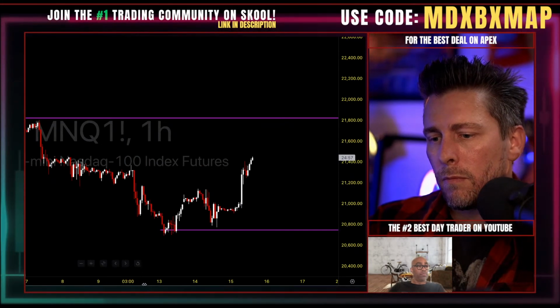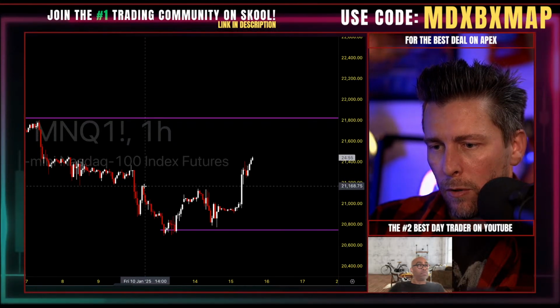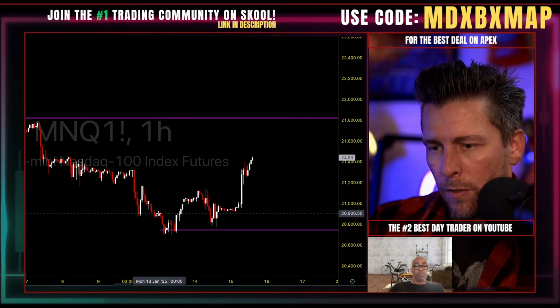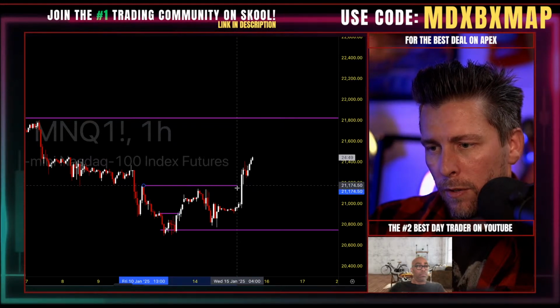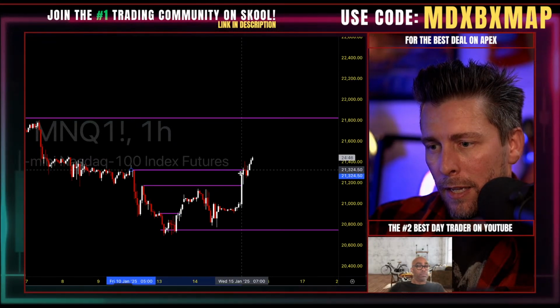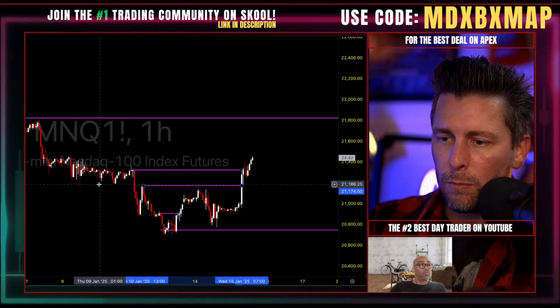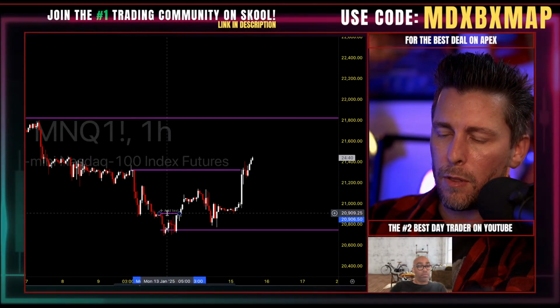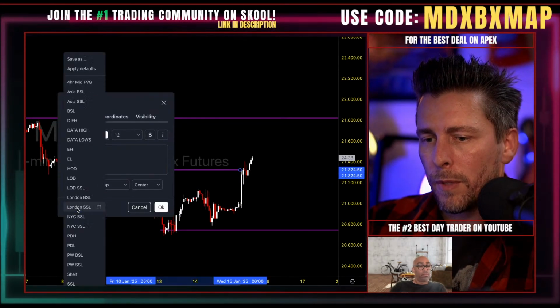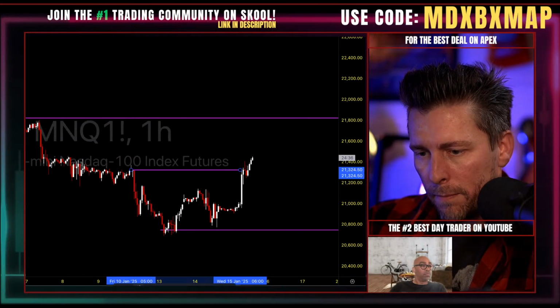So I go down to a 1 hour, and this is what we were talking about earlier, debating whether or not that's a structure break. For me, that is. So for me, that's the structural break on a 1 hour, just because I use a 3-candle pullback rule. So that's going to be the structural break for me.